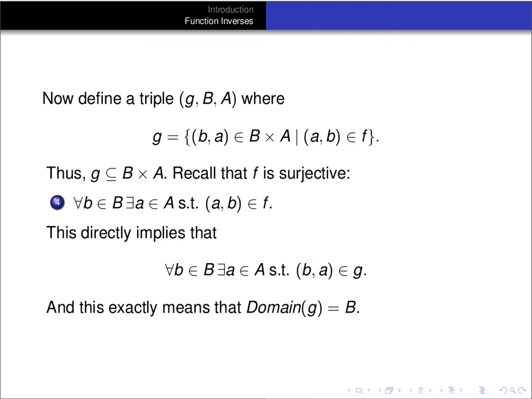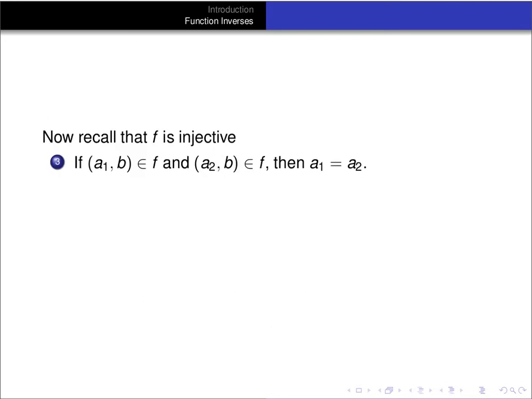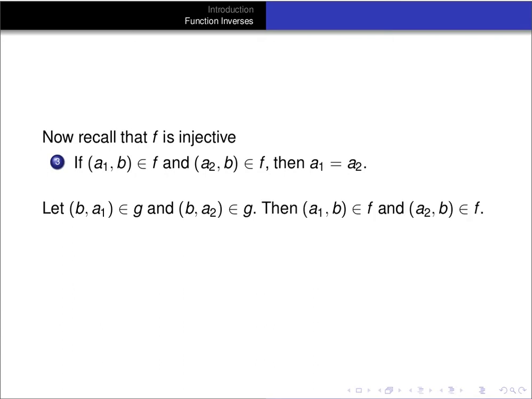Now let's prove that G passes the vertical line test. We'll do that by first recalling that F is an injective function. So if (a1, b) is in F and (a2, b) is in F, then a1 is equal to a2. Let's let (b, a1) be in G and (b, a2) be in G. Okay. Then that means that (a1, b) is in F and (a2, b) is in F, right?